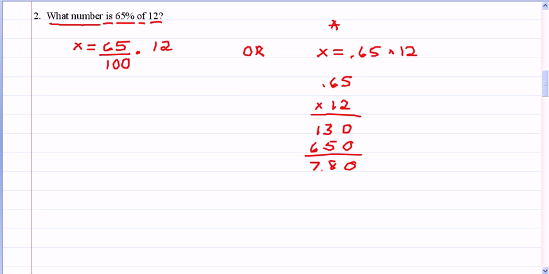And then I move my decimal point over 2 places, so I get x is equal to 7.80 or just 7.8.